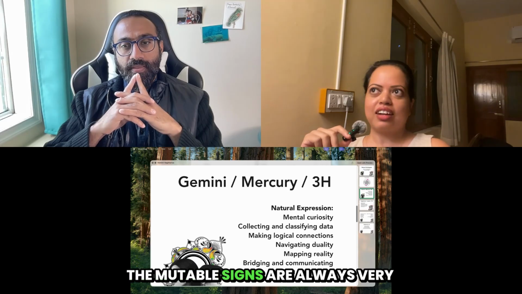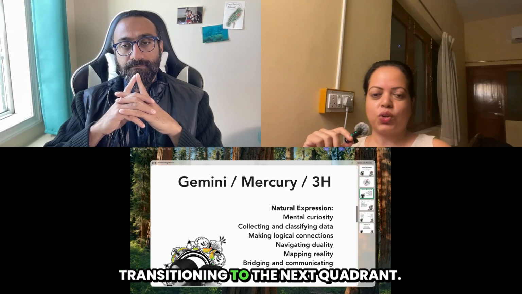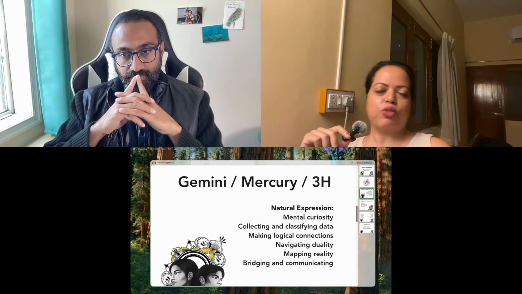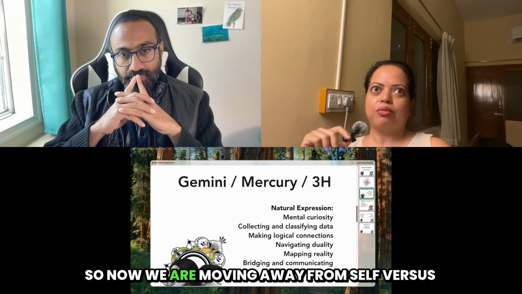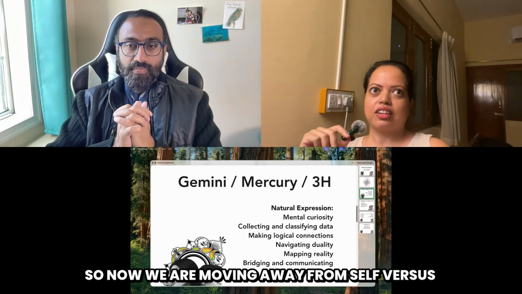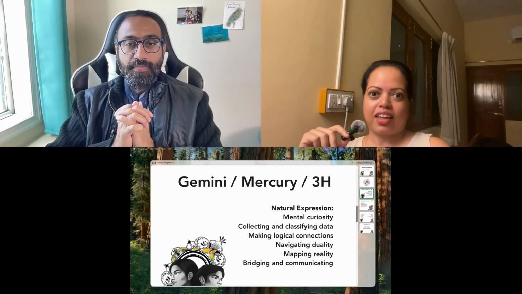The mutable signs are always very different, like you mentioned before, transitioning to the next quadrant. The theme quite changes for each of the mutable signs. So now we are moving away from self versus other in relationships to the intellectual axis.